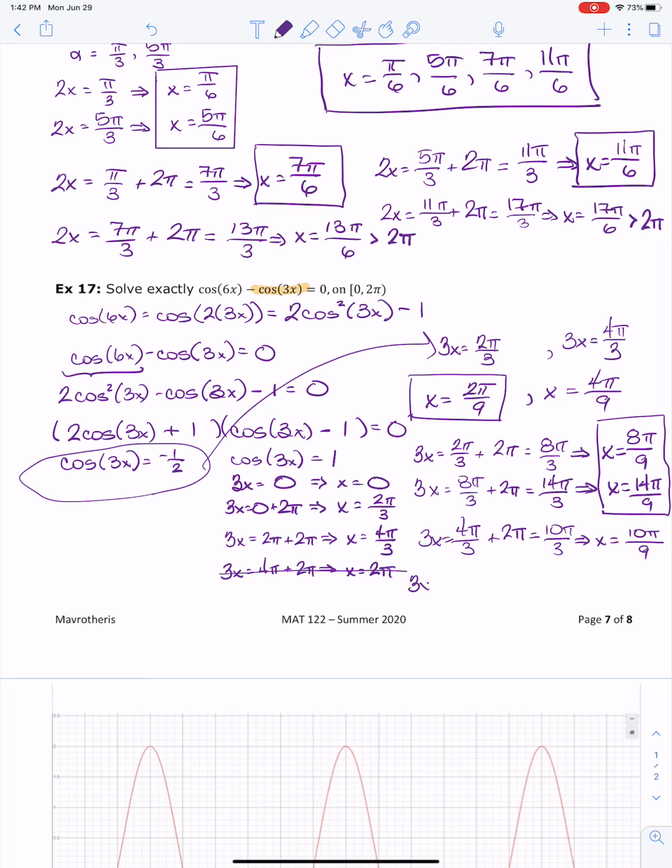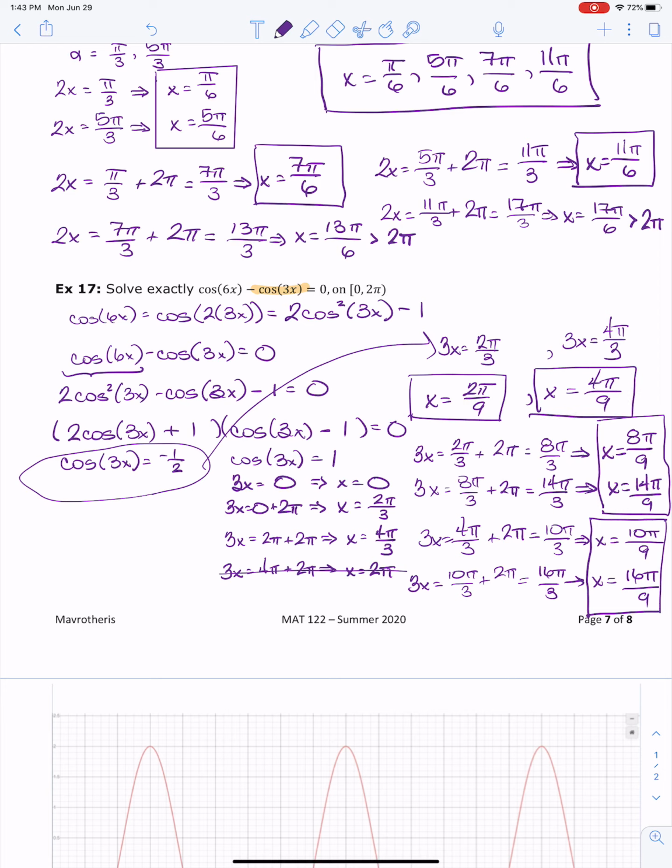And then we're going to do this again. 3x equals 10 pi over 3 plus 2 pi. That gives me 16 pi over 3. When I divide both sides by 3, I get 16 pi over 9. Both of those are less than 2 pi, and that takes care of this angle.